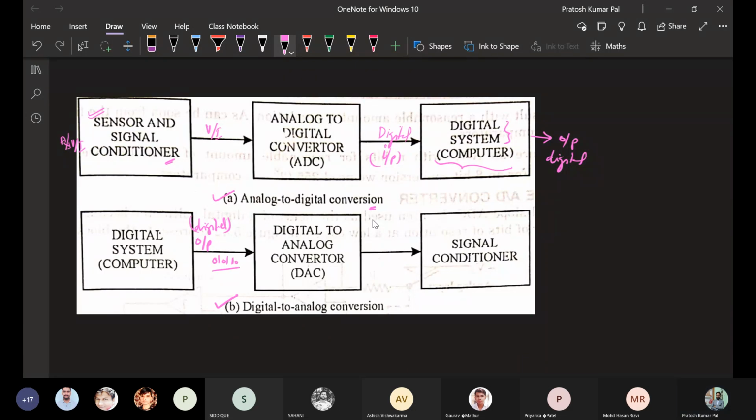The digital to analog converter accepts it and converts it into a voltage or current. That will be an analog value, which means it will be continuous in nature. With respect to time it will be continuous, but the digital value will be discrete.